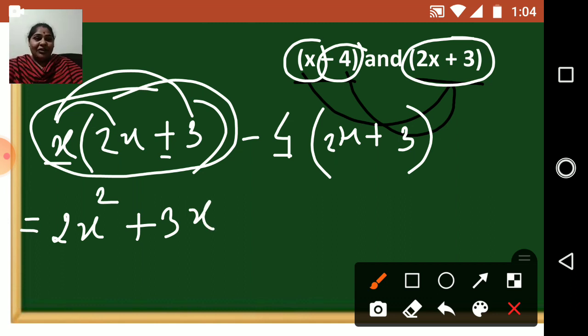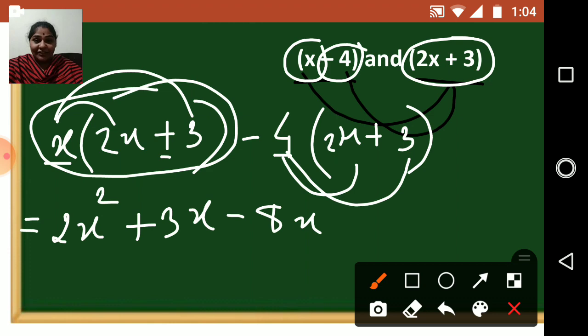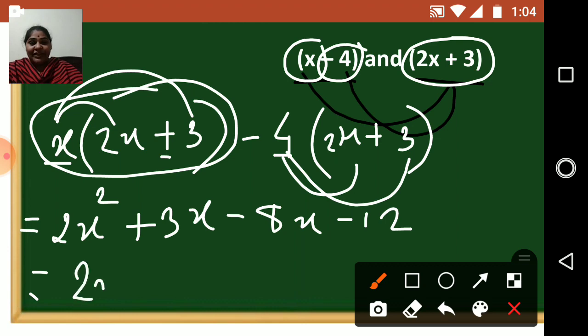Again, now negative 4 multiplied by 2x, that is 4 2s are 8, but it will be minus 8x. Now 4 multiplied by 3 will be 12, but it will be again negative. Positive negative will be negative. So here you have to be very careful, children, if there is a negative sign.